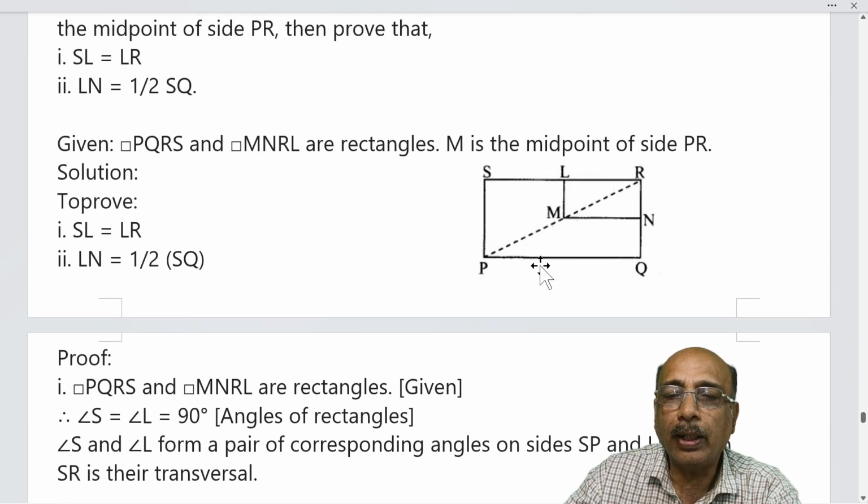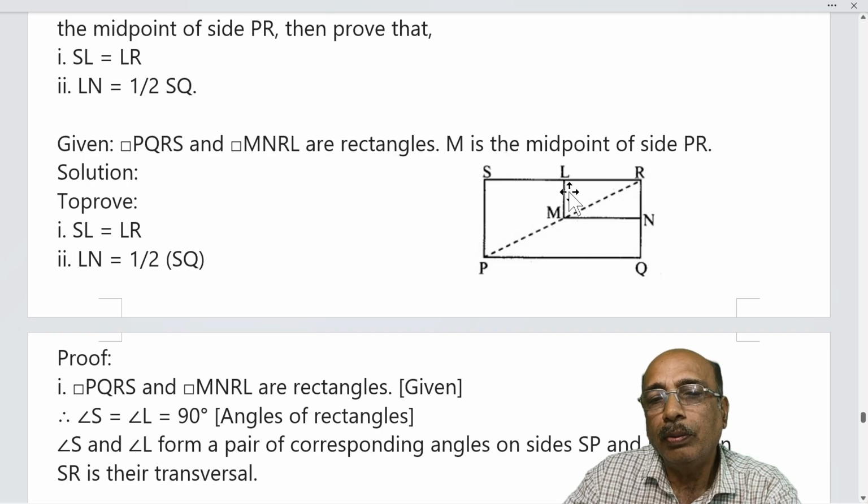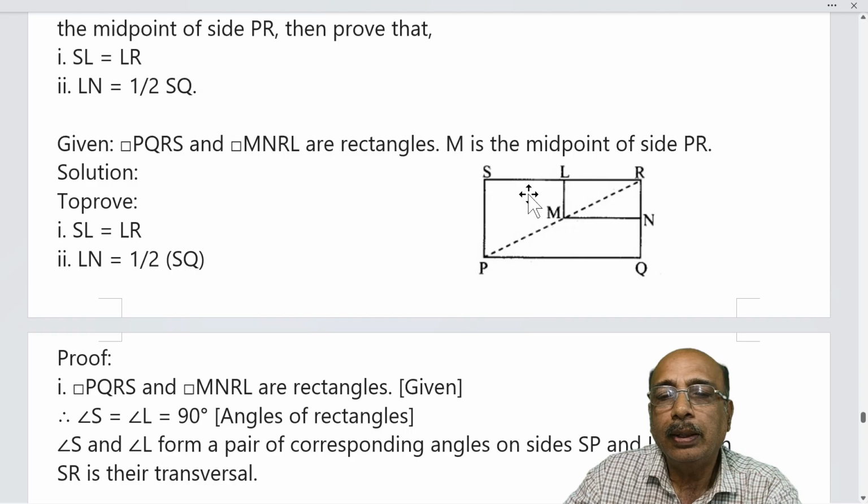Similarly, for triangle PQR, M is the midpoint. We can prove that N is also the midpoint. Very clear? After that, draw the segment LN and SQ in the figure. L is the midpoint, proved above, and N is the midpoint, proved.